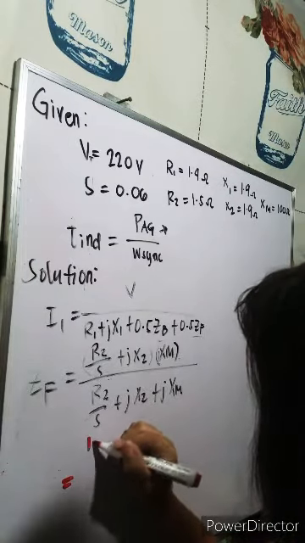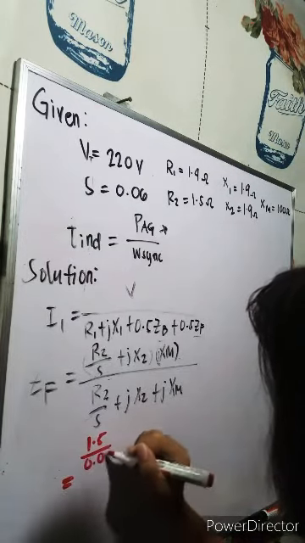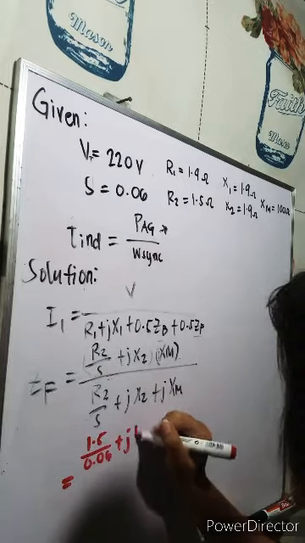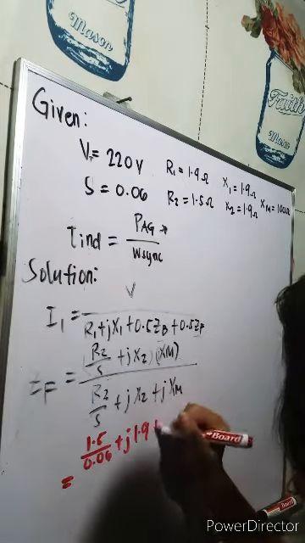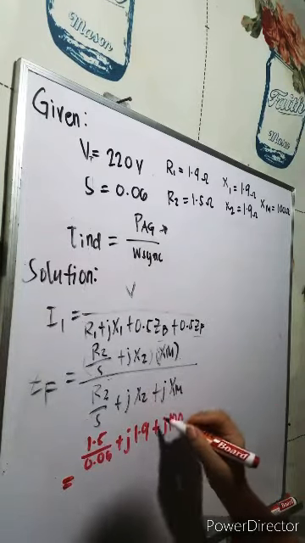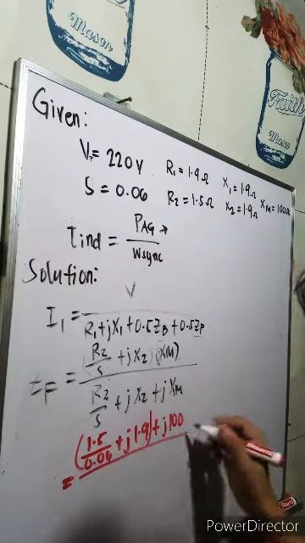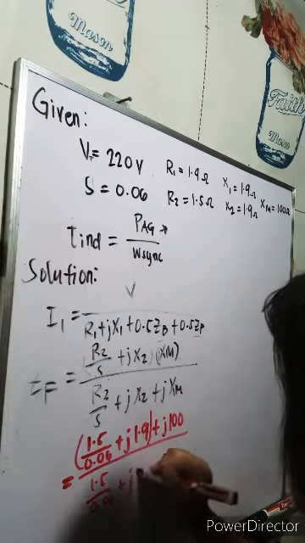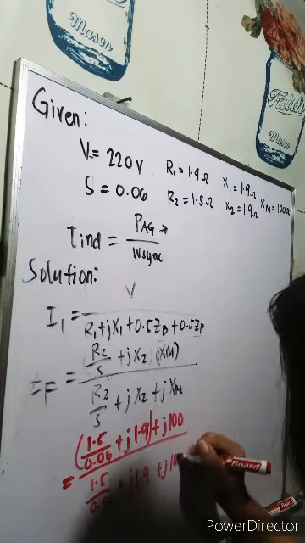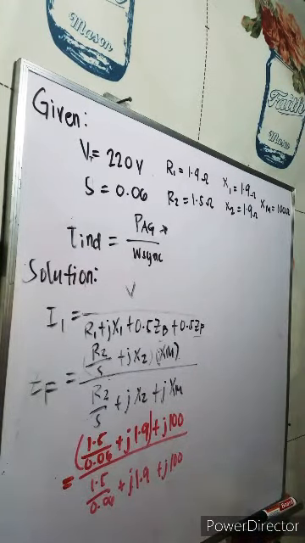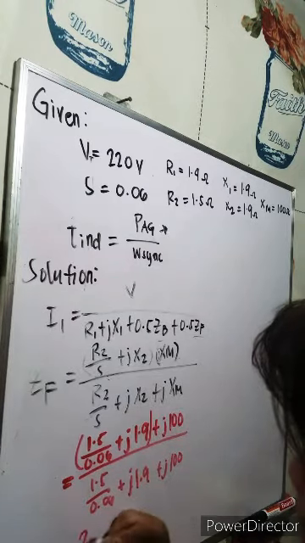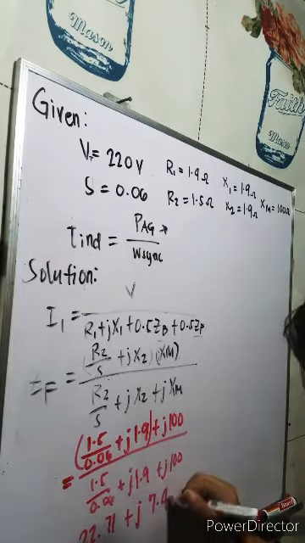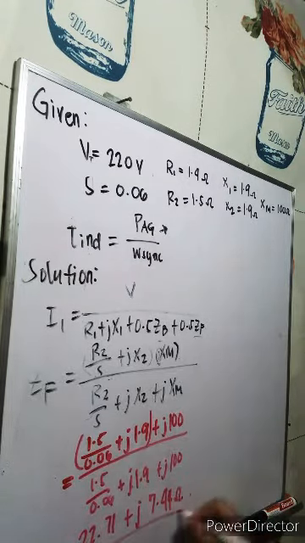So 1.5 (R2) over 0.06 slip plus j1.9 (X2), times j100, over 1.5 over 0.06 plus j1.9 plus j100, which is equal to 22.71 plus j7.44 ohms.